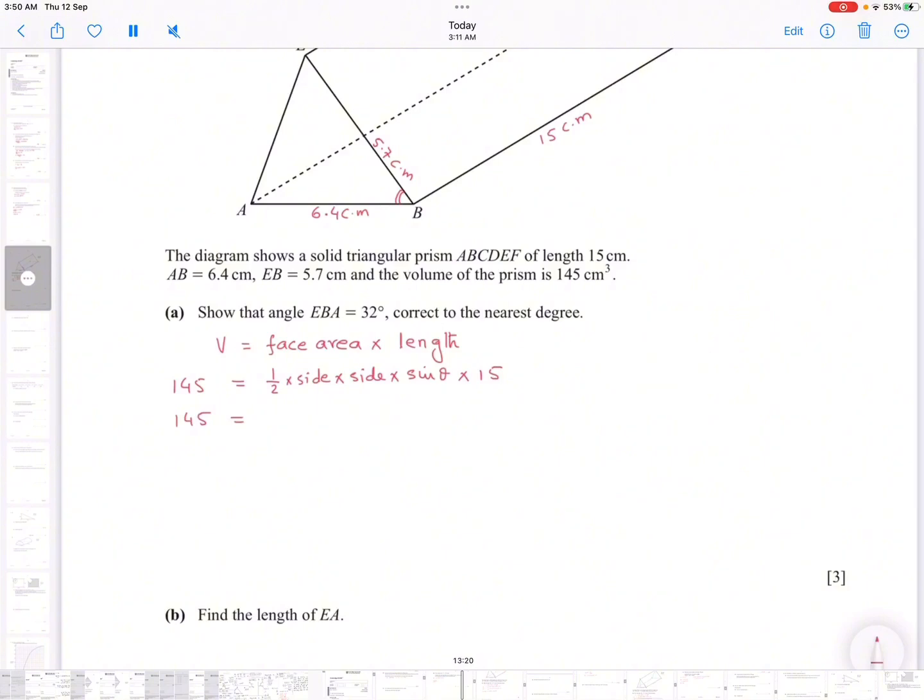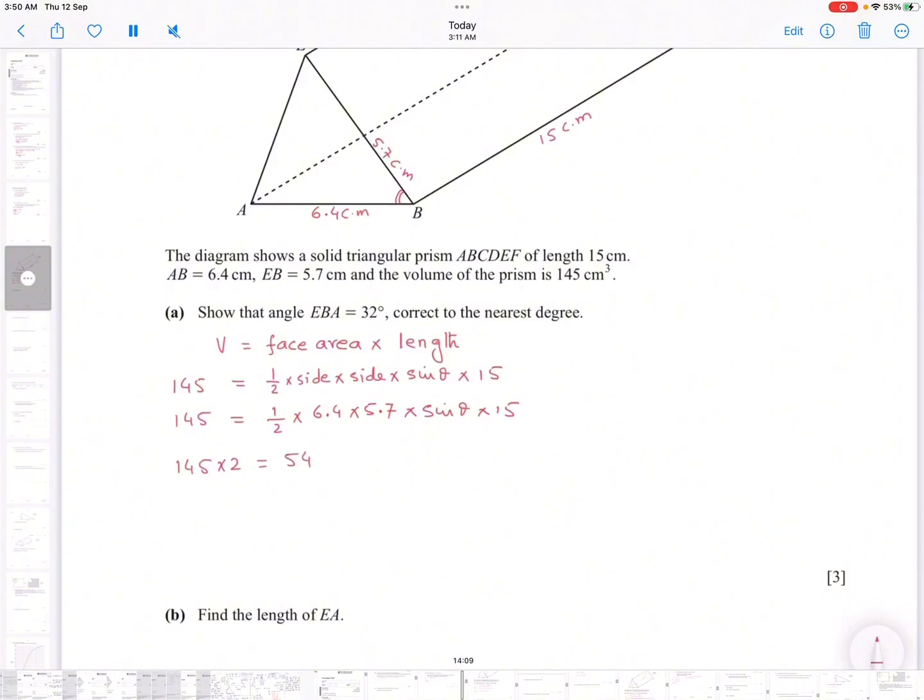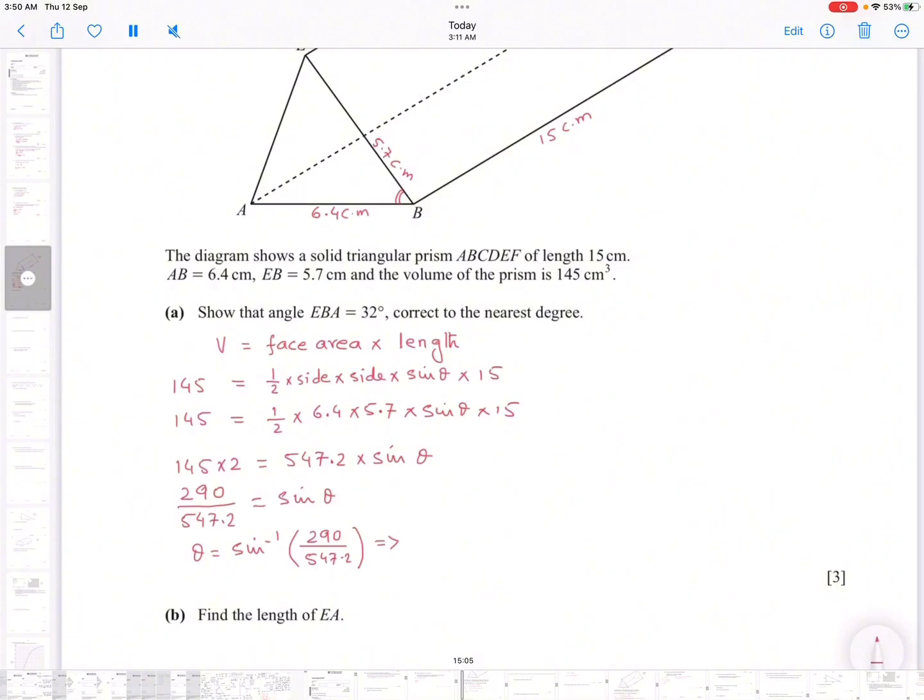So 145 equals 1/2 into 6.4 into 5.7 into sine of theta into 15. From here you make subject sine of theta, and finally solve it for theta. Theta is the angle required. So this is 32 degrees shown.